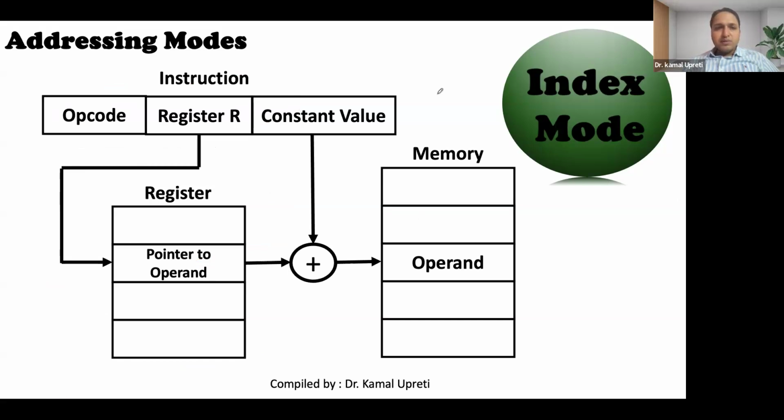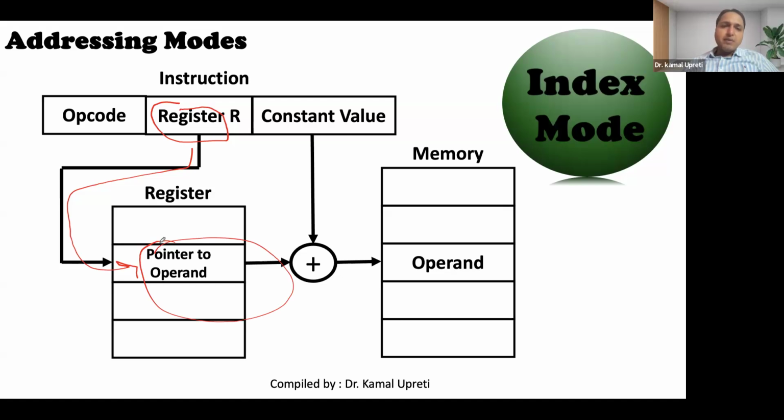But again, the question is, we have a value that we call register R, and we are pinpointing register R to have one particular pointer, that is a pointer to operand. So at the time of pinpointing, we need to target which operand we need to process, and later on what is the desired value that I'm getting, which is very important.